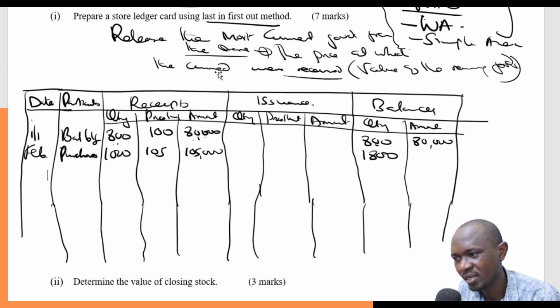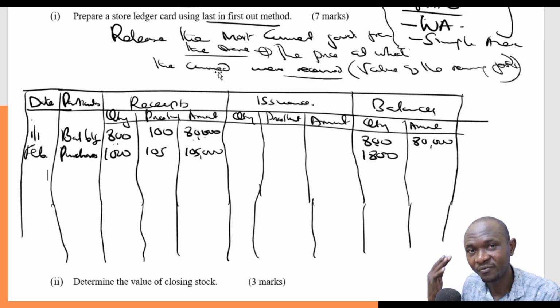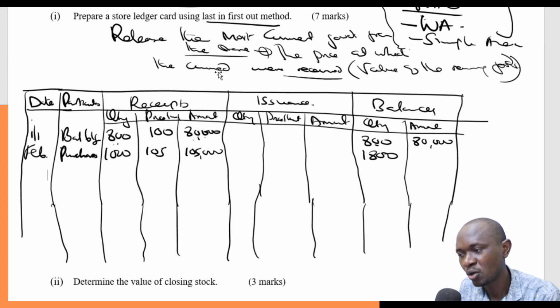Initially the 800 were valued at 80,000, and now with the receipt of the 1,000 goods valued at 105,000, the total value of the goods available in the store will be 80,000 plus 105,000. We had goods worth 80,000, we've received goods worth 105,000, so the total value becomes 185,000. We've simply added 80 plus 105 to get that.